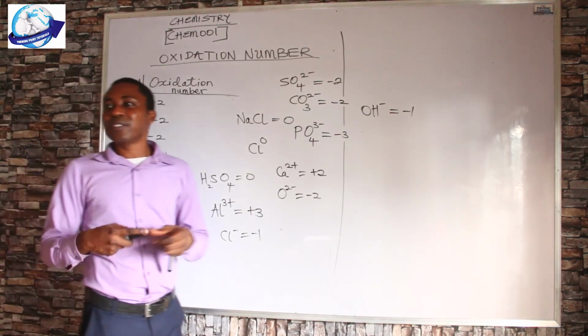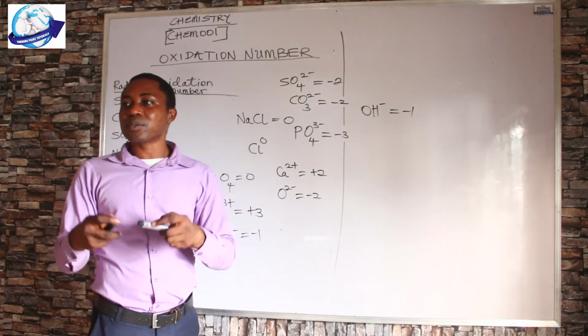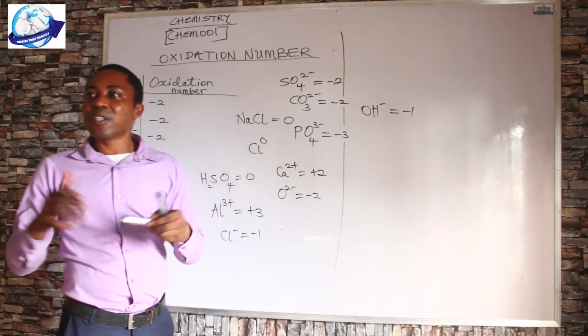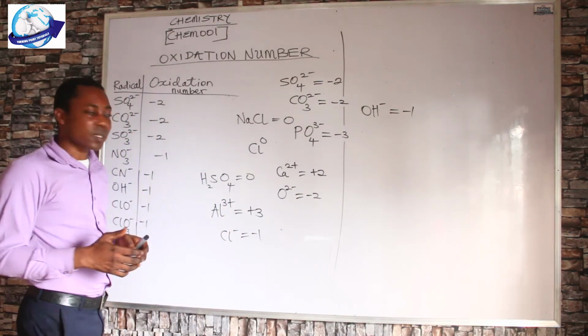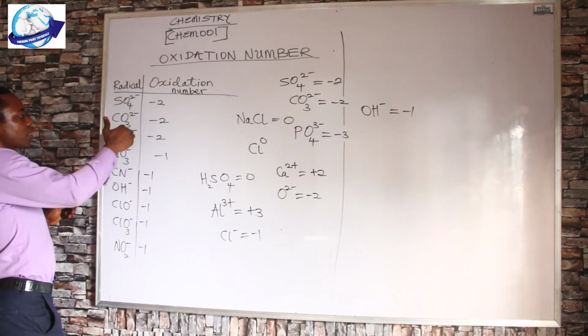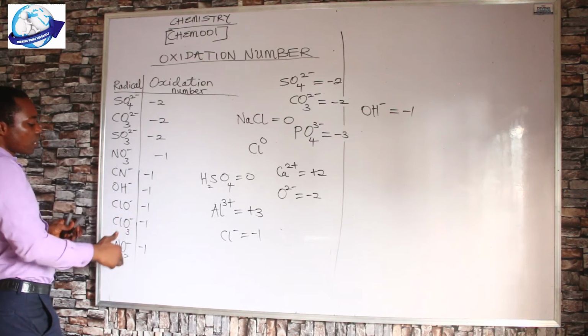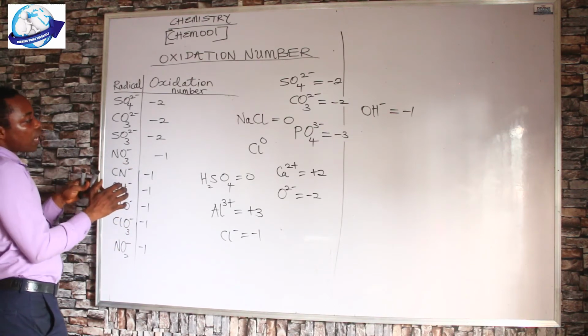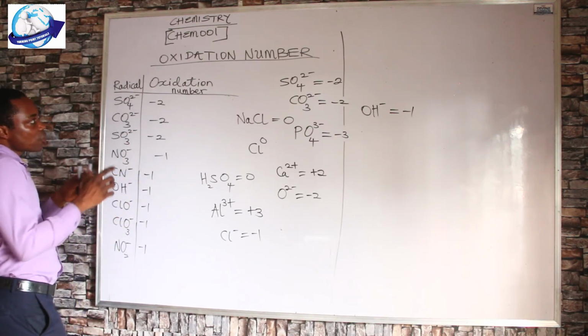We have different examples to consider when it comes to the different radicals. All the radicals have their charge written at the top, and the charge written on top is the same as their oxidation number.